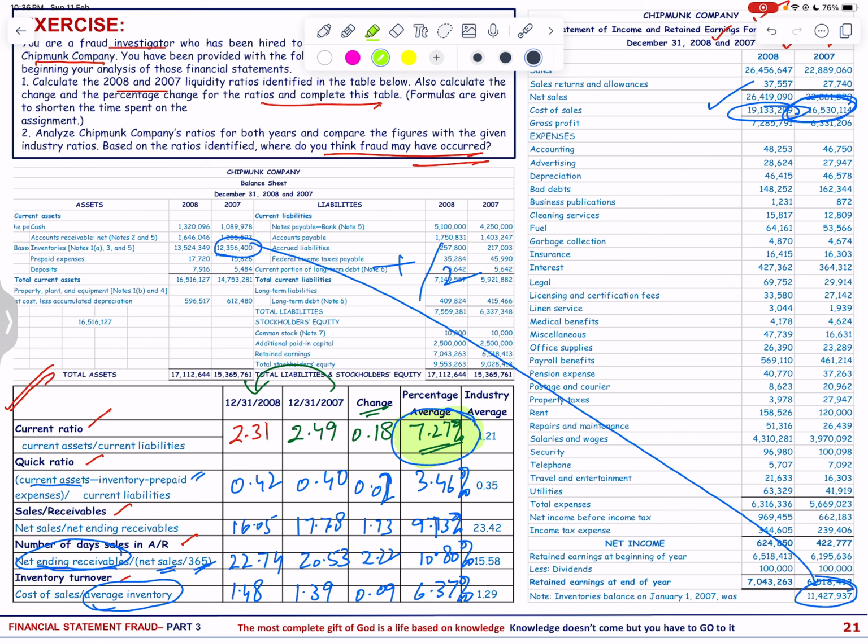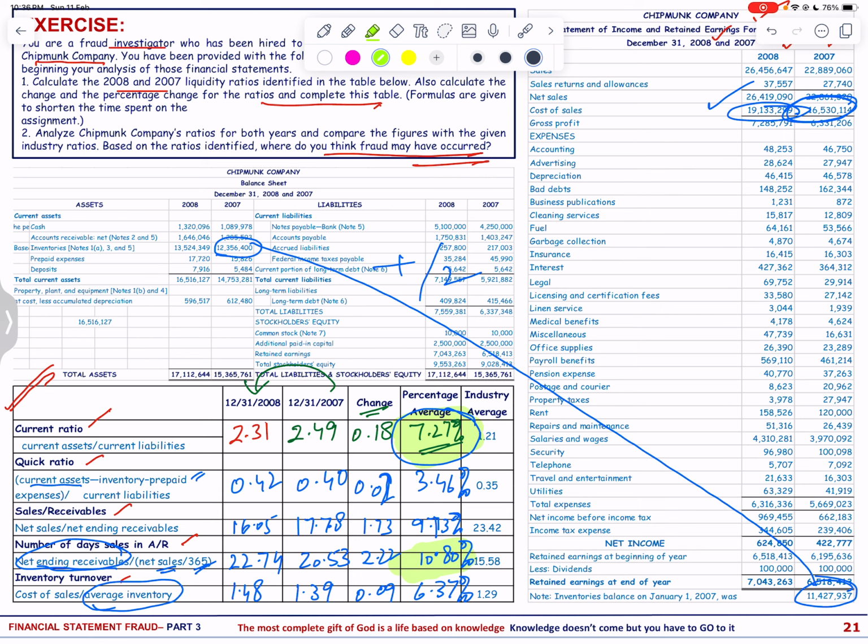Furthermore, there is a considerable increase of almost 11% in the collection period of accounts receivable. The company is taking substantially longer than the industry average to collect its receivables, indicating possible issues such as channel stuffing or the creation of fictitious sales and accounts receivable.